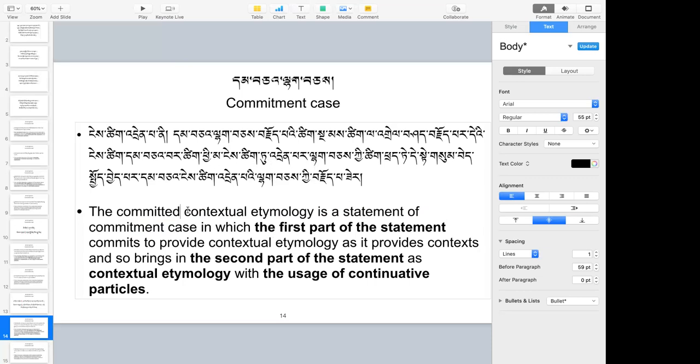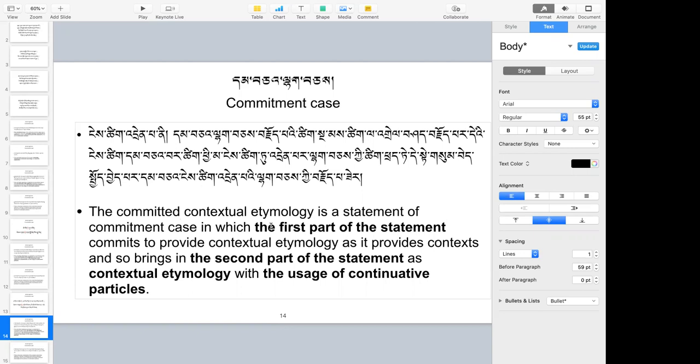So, the statement of commitment case, in which the first part of the statement commits to provide a contextual etymology. In a way, what it does is commit to provide a word that conceptualizes the context provided.